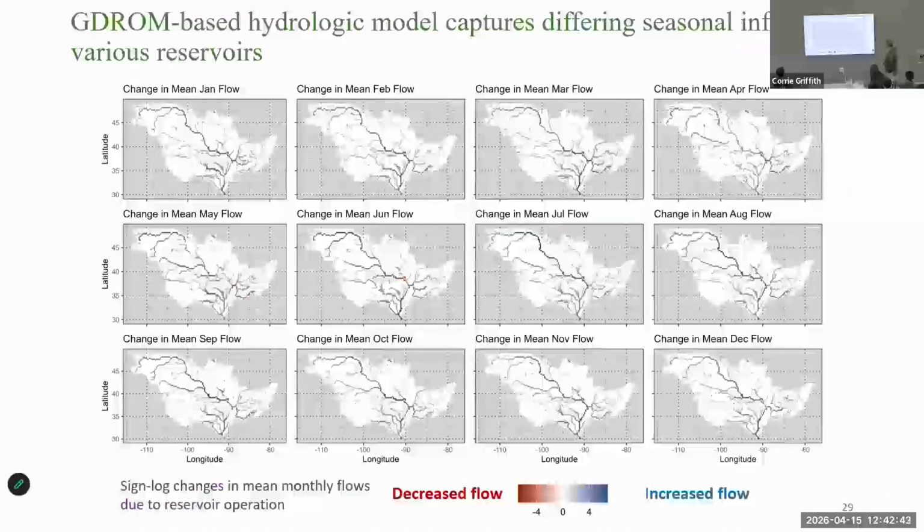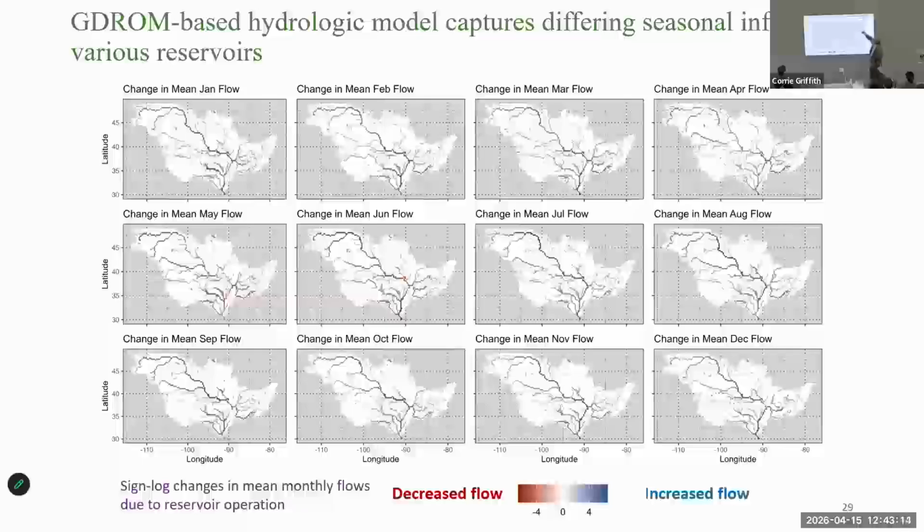And also, the hydrological model captures the different seasonal influence of various reservoirs. The red color here shows the decreased flow, and the blue one shows the increased flow. Here we see the flow change, right? It either increases or decreases the flow in different months.